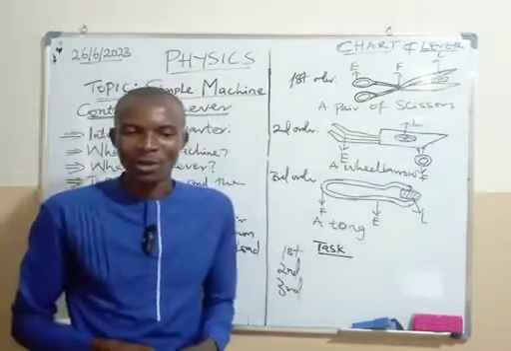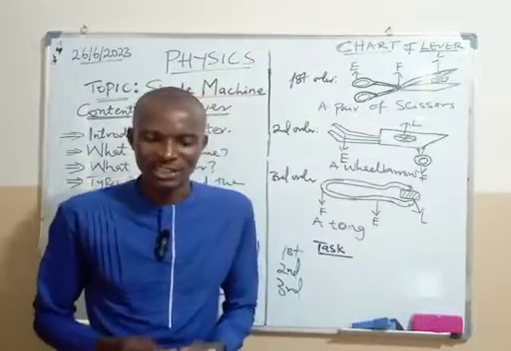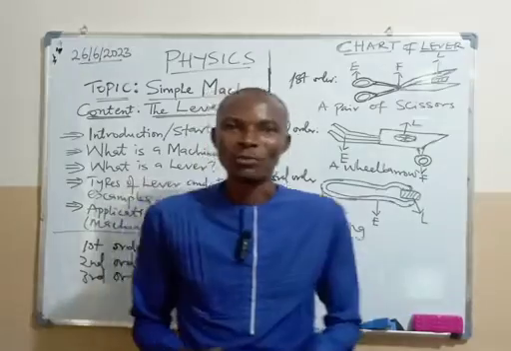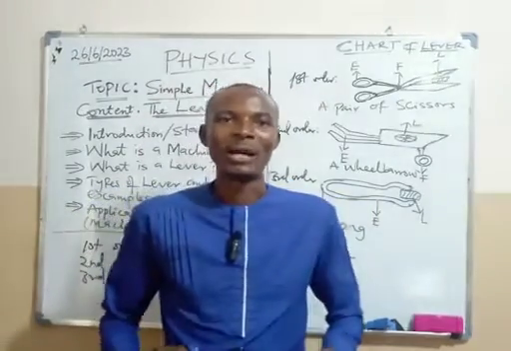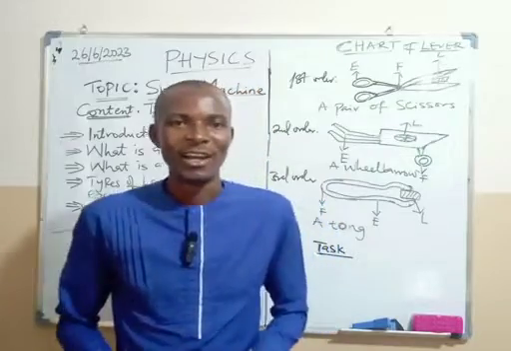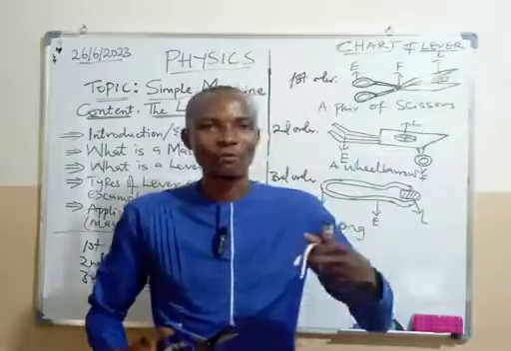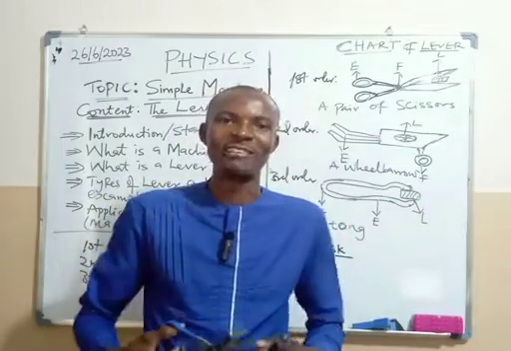Now, what is a simple machine? A simple machine, as I have just demonstrated, is any device that, when force is applied at one point, is used to overcome a load at the other point, that is, the resisting force. The force you apply at one end is the effort, while the force you overcome at the other point, or the point of work done, is the what?